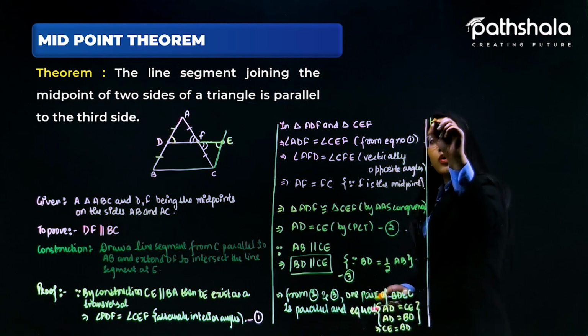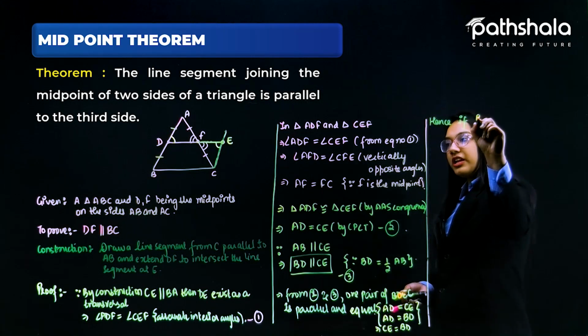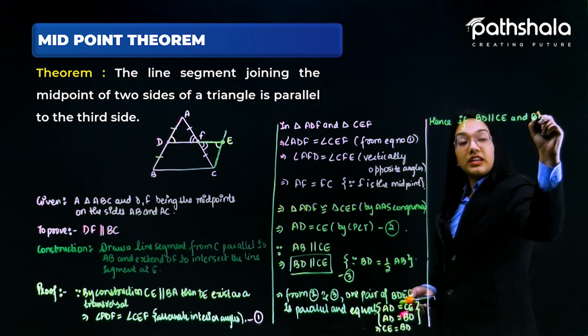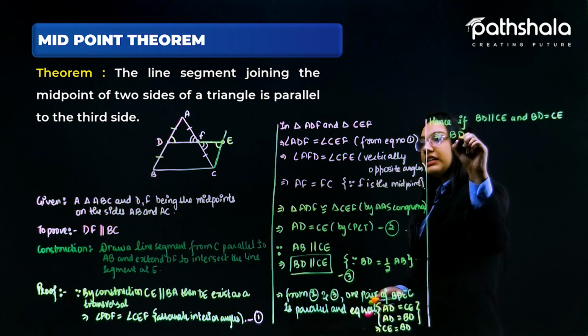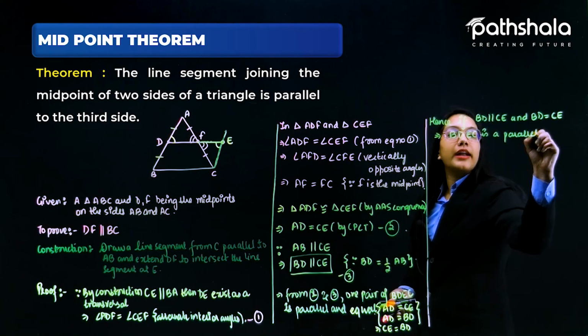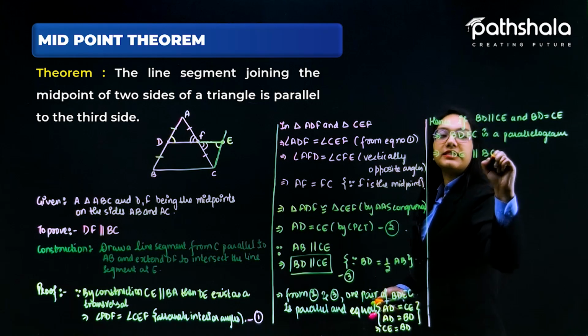So if BD is parallel to CE and BD is equal to CE, it implies that BDEC is a parallelogram. And if it is a parallelogram, then DE is parallel to BC.